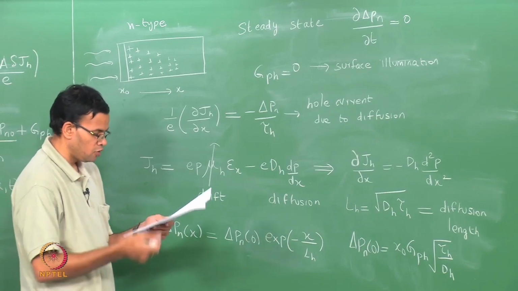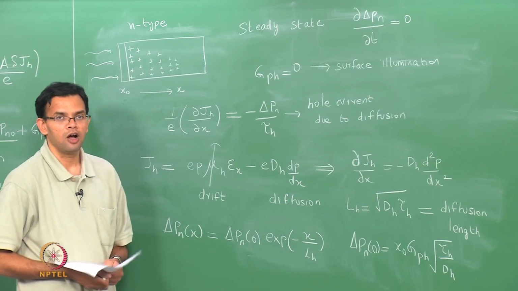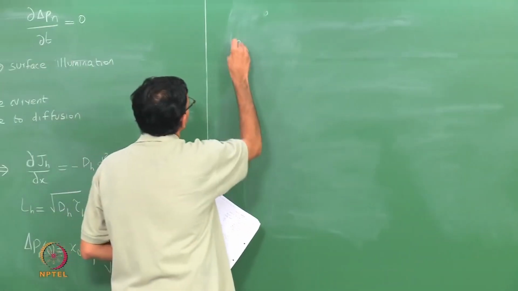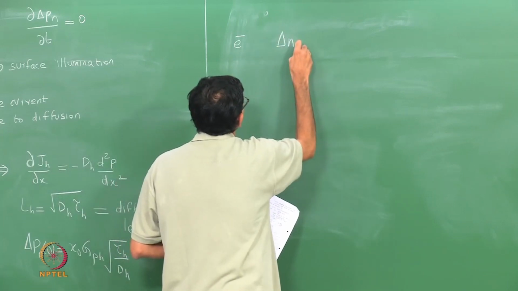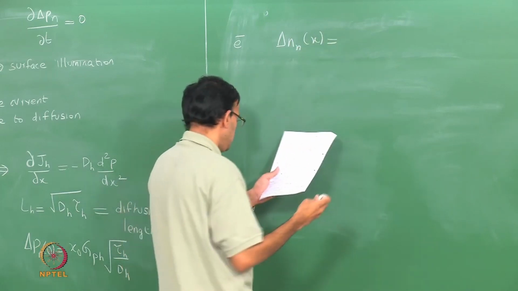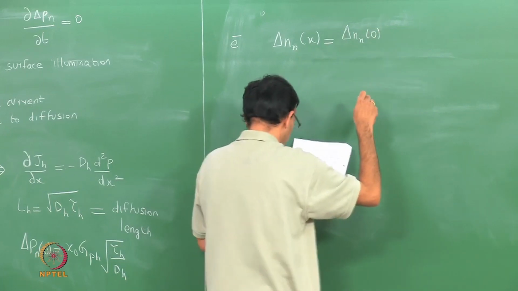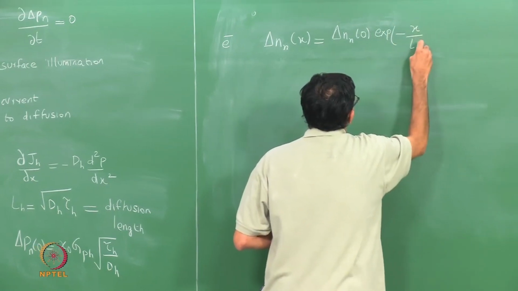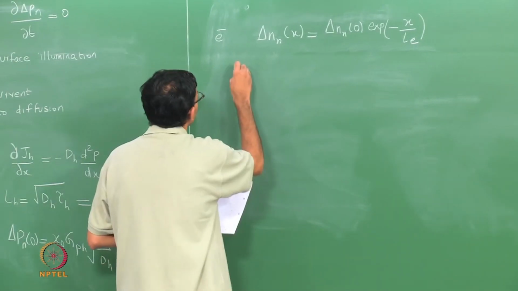So, we can write a similar equation for the electrons, and then we can plot how this carrier concentration goes as a function of distance. So, for electrons we can write a similar equation, says delta n of x, which is your excess electrons that are generated, delta Nn naught exponential minus x over Le, where Le is the diffusion length of the electrons.